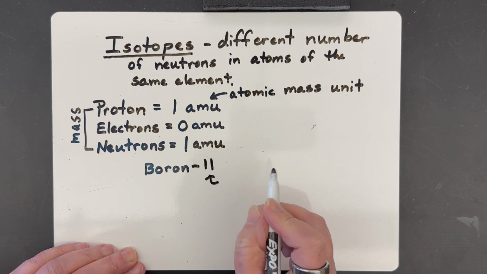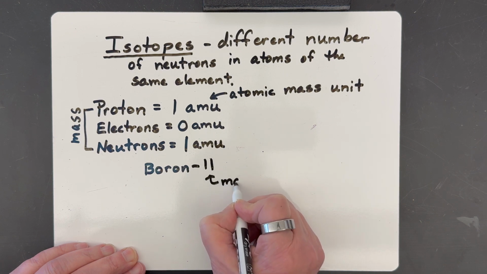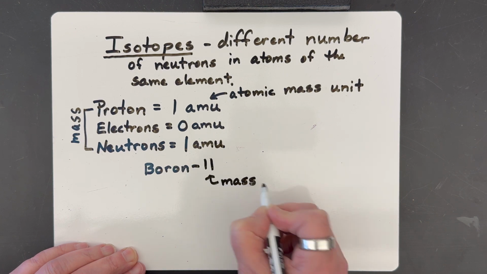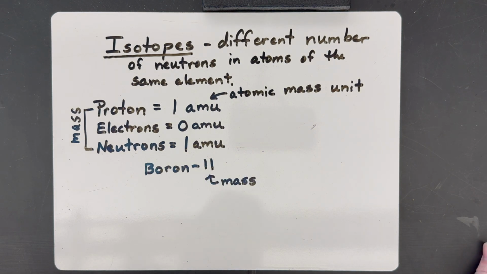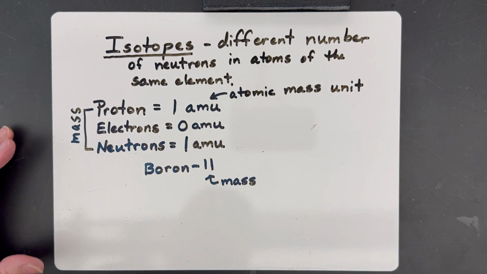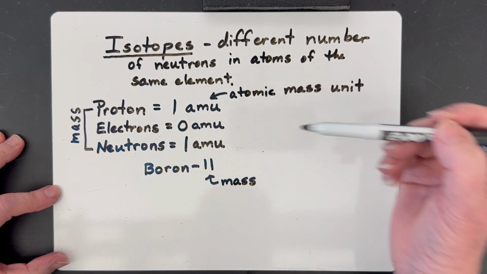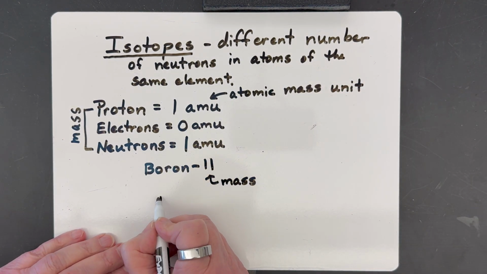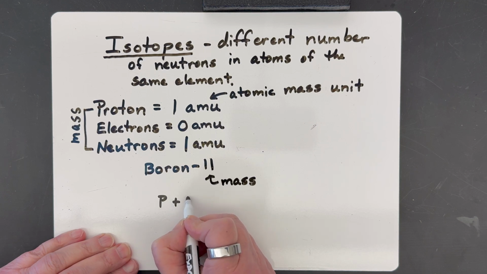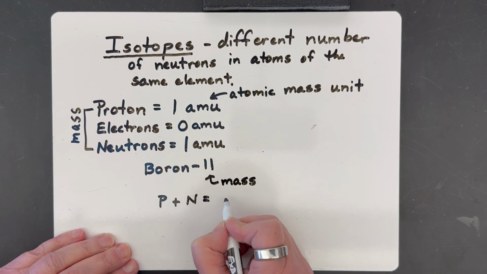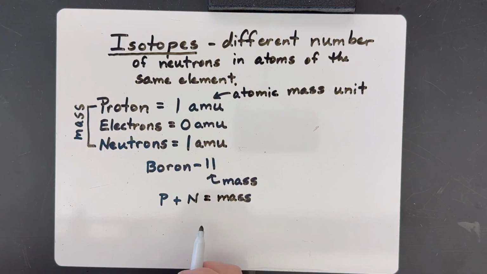That 11, that number right there, is the mass in atomic mass units of 1 atom of this isotope of boron. Now, electrons don't weigh anything, so that has to be the protons plus the neutrons. So our protons plus our neutrons equals our mass.